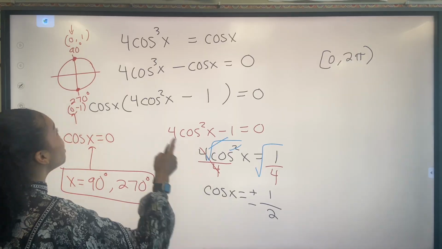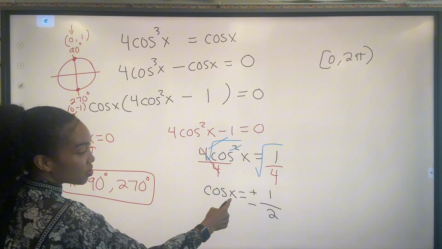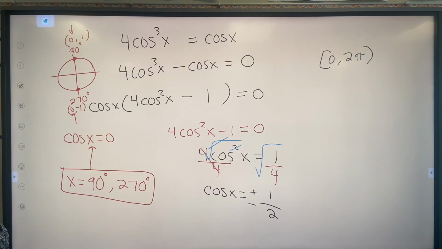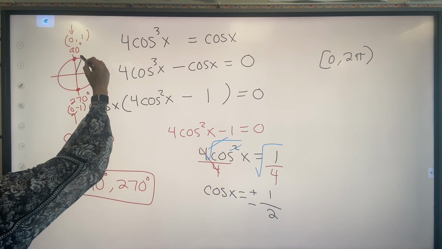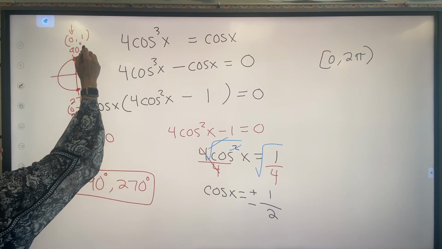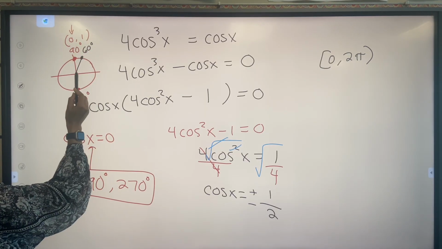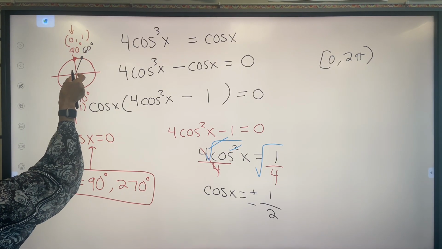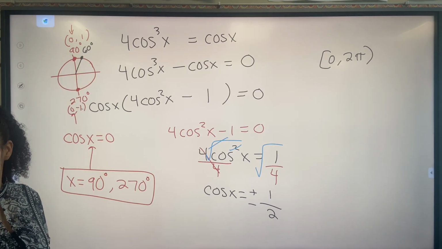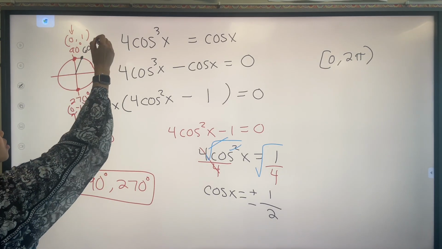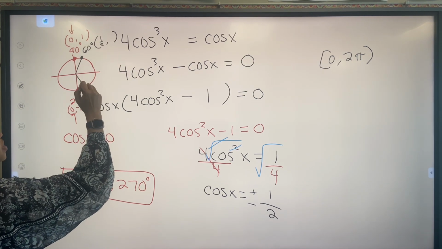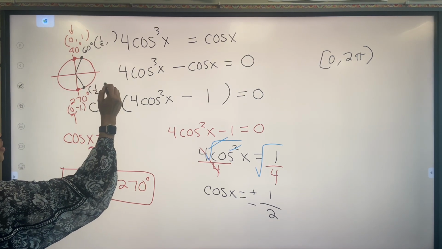Okay, so let's think about the unit circle again. Where is cosine equal to 1/2? At what angle? Yep, at 60 degrees. I like to think of it, it's the shorter distance. So at 60 degrees, the x value is very short compared to the square root of 3 over 2. Those were your 2 options. So your coordinate is 1/2 there, and it's also 1/2 here.